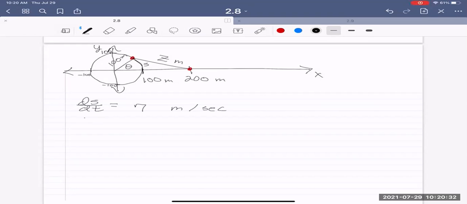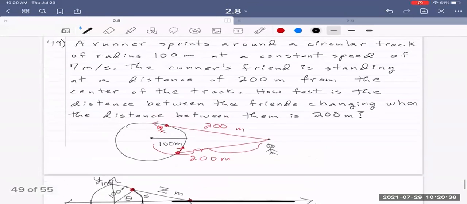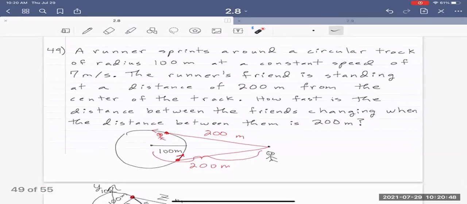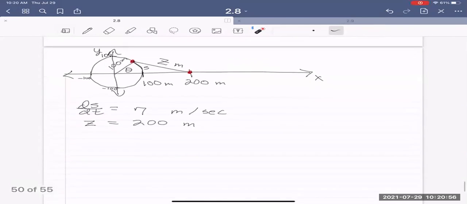And we have that z, we want that to be also 200. So we want that this distance here is 200. And we want to figure out how fast this distance is changing. How fast is this distance here changing? So what is dz dt?